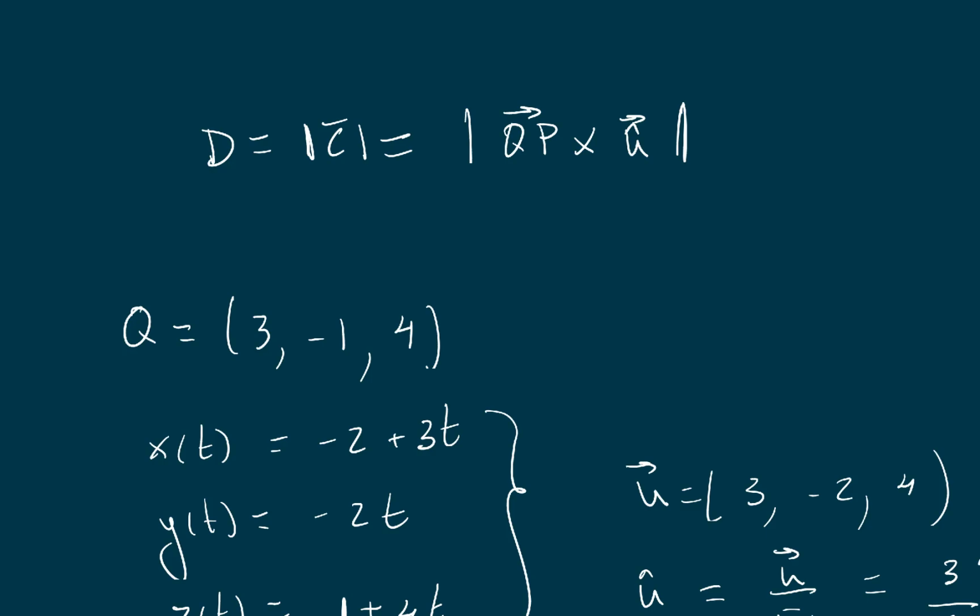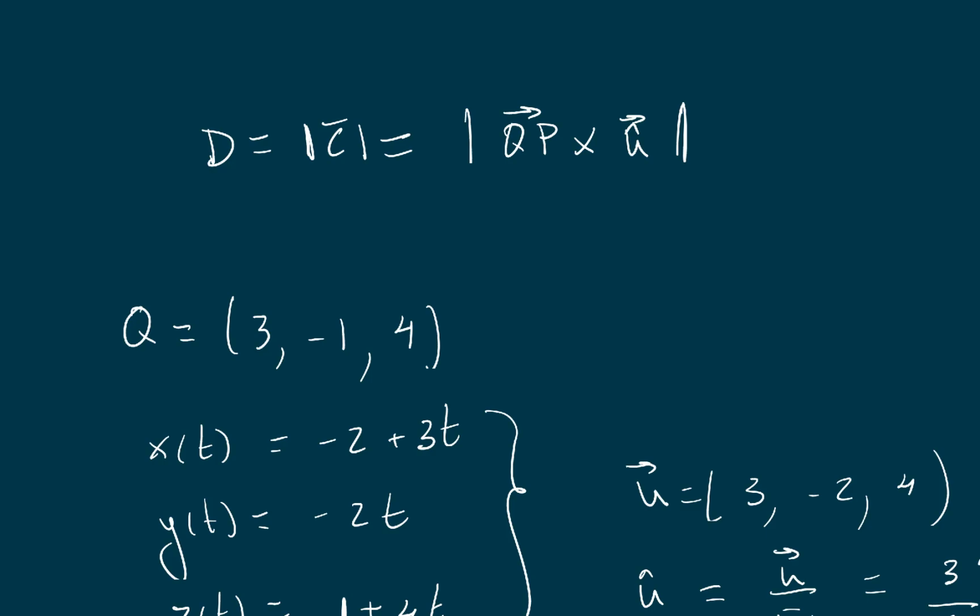Given the point Q, and any point P on the rectilinear line, we find the vector QP, we find the unitary directional vector U of the line, we do the cross product, and we find the magnitude, and this is the perpendicular distance between the point and the rectilinear line. So let's do an example.